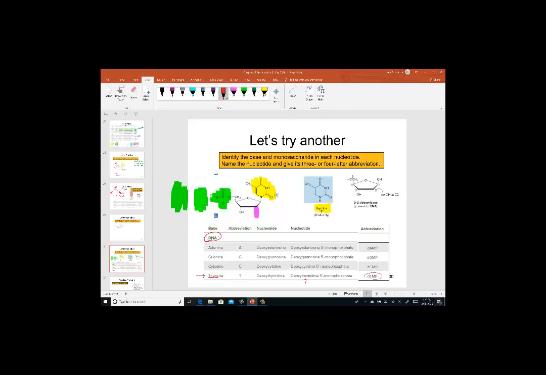It is going to be abbreviated with a 4-letter code, dTMP, T standing for thymine, M standing for mono, and P standing for phosphate. Deoxythymidine 5' monophosphate. You've named the nucleotide. Remember, if I did not have any phosphate, we would name it as a nucleoside, but I'm naming it as a nucleotide when all three components are there.